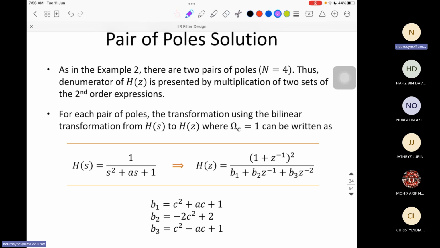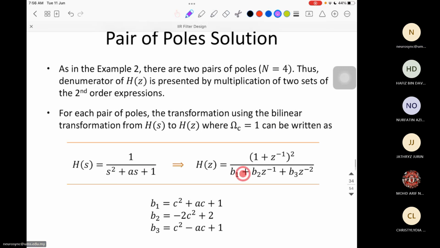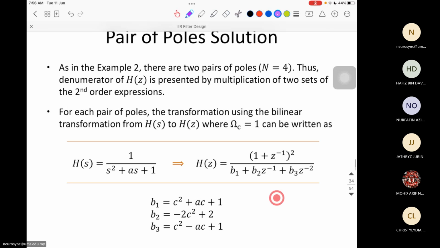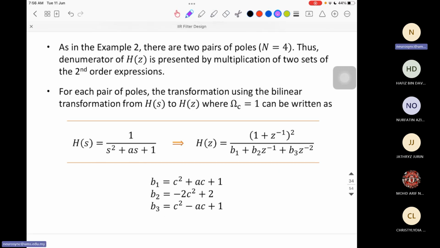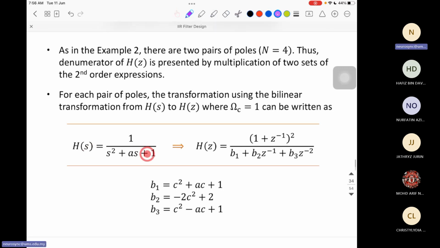Okay. Now for each pair of poles, the transformation using the bilinear transformation from H(s) to H(z), where omega c equal to 1, can be written like this. So if I separate this, H(s) I can say is 1 by s square plus as plus 1, and in the z domain it is 1 plus z inverse square divided by this term.